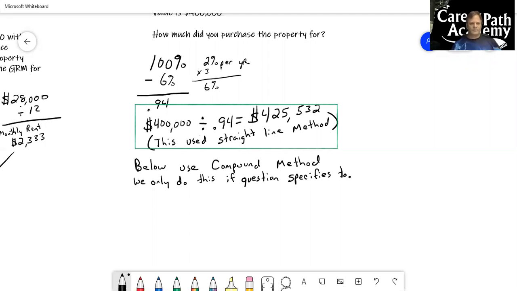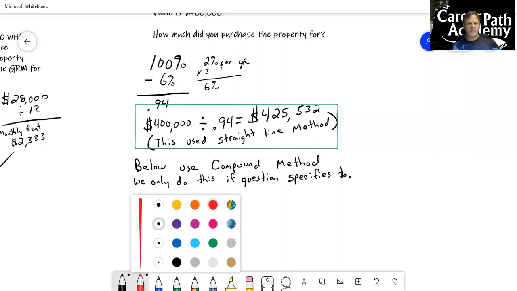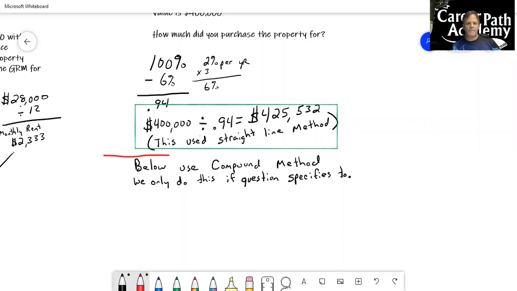All right, so we're now going to do a compound method problem for the same question, basically. Let me separate these out. It's going to be the same problem. So once again, we always start with 100% of the value.